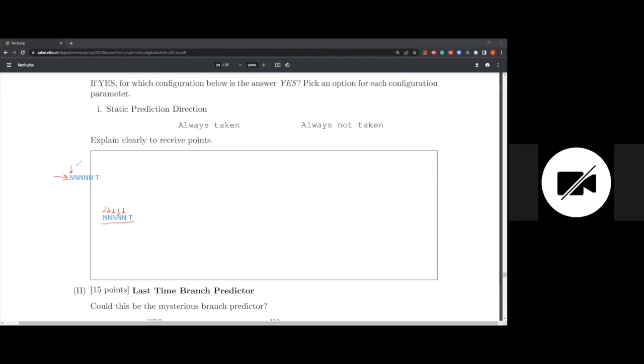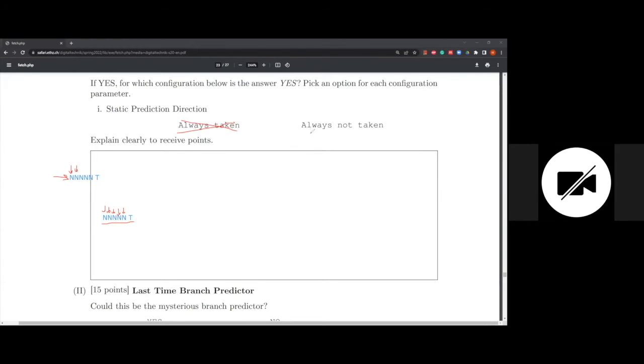Then the next time we execute this first branch, we'll have 7 mispredictions, which exceeds the target of 6 mispredictions, right? So the mysterious branch predictor is not statically always taken. You know that for sure.